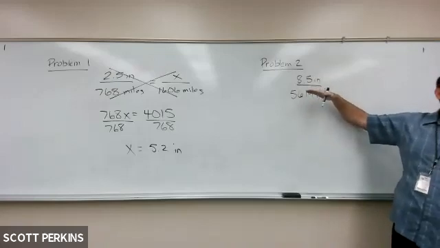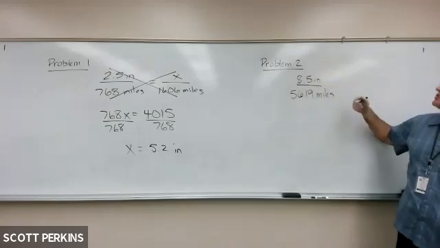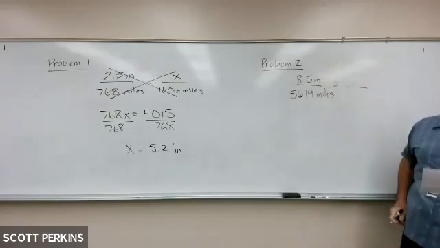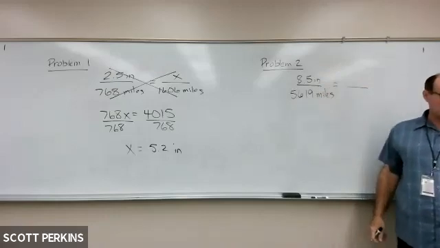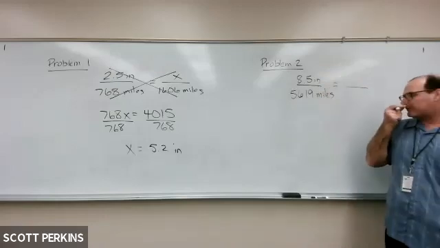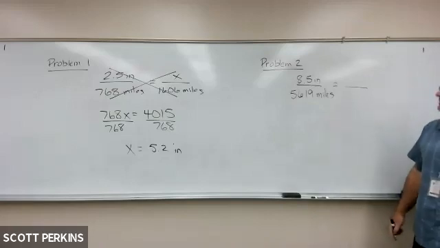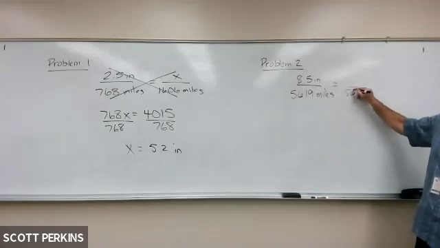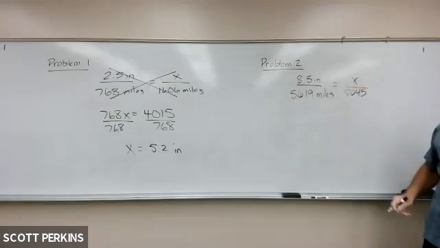Either you have it like I've set it up or you have the miles on top and inches on the bottom. Either way is fantastic. Then I am told that 2 other cities are 5,045 miles apart. So where am I going to put the 5,045? In the bottom? Great. So I don't know what the top is.